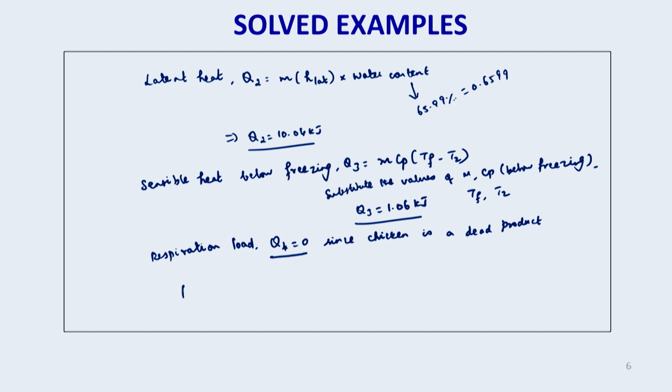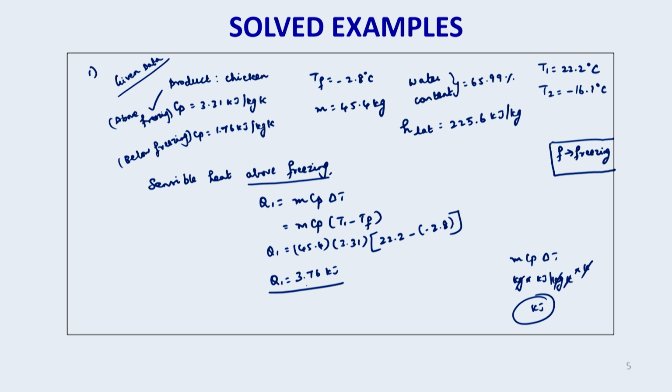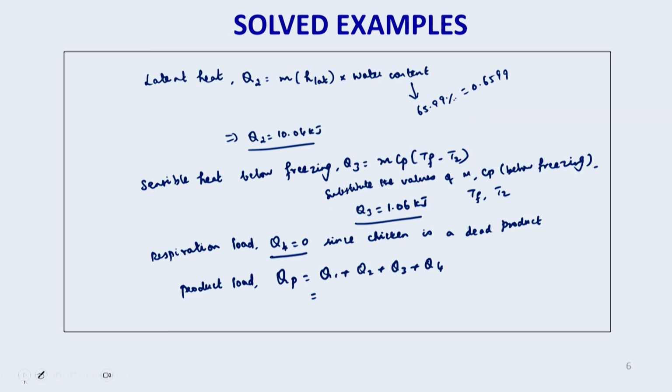Now the total product load, that is Q suffix P, is equal to Q1 plus Q2 plus Q3 plus Q4. Q1 is in the previous slide, 3.76 kilojoule.